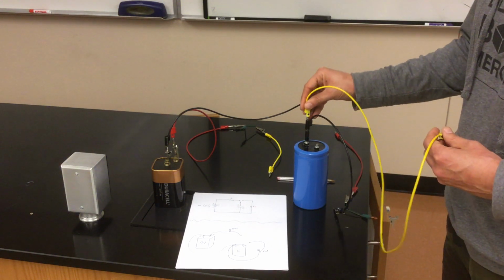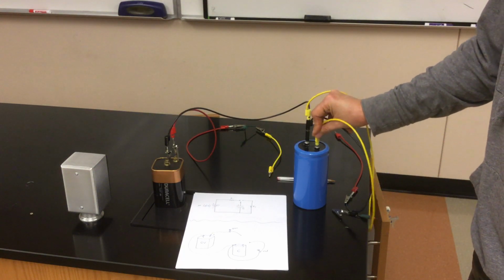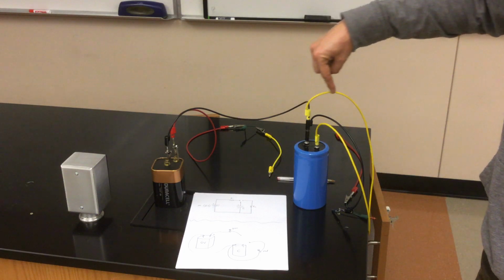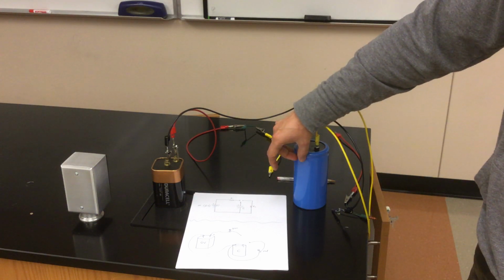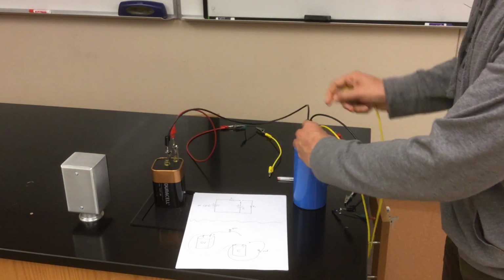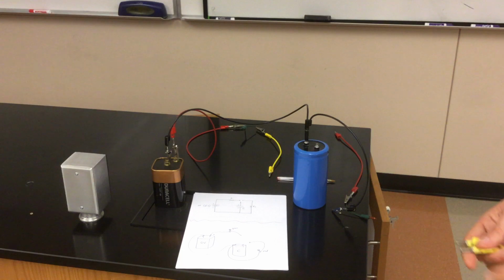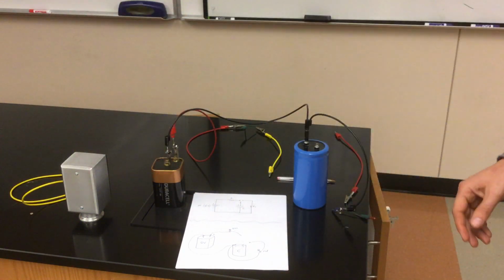So we could just piggyback this wire into here and then connect. Now if there were any charge in this capacitor, electricity would have flowed through this wire and neutralized the two conducting plates of this capacitor. All right, so we know we're starting with an uncharged capacitor. We'll keep our discharging wire on standby here.